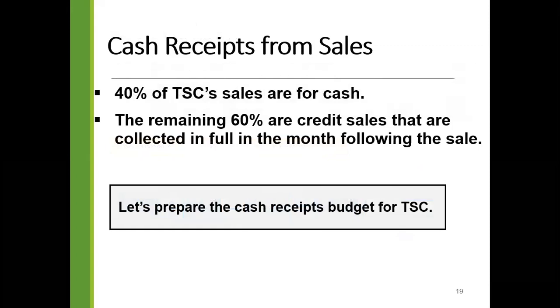All right, so in this example, it says that for this company, 40% of sales are usually for cash. 60% of credit sales are not collected until the month following the sale, right?